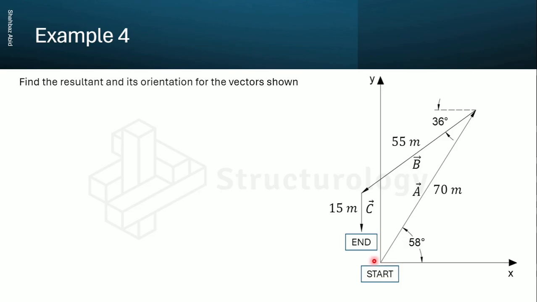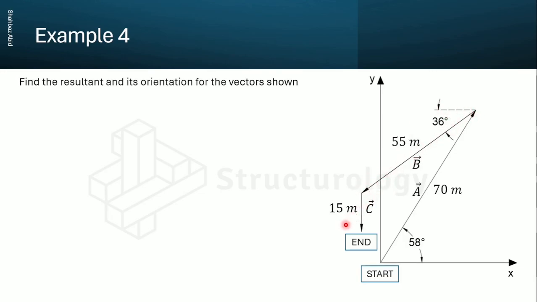Find the resultant and its orientation of the vectors shown. So we have vector A, which is 70 meters, and it has an orientation of 58 degrees from the positive x-axis. We have vector B, which is 55 meters, and its orientation is 36 degrees from the negative x-axis, because we are in the third quadrant in this case.